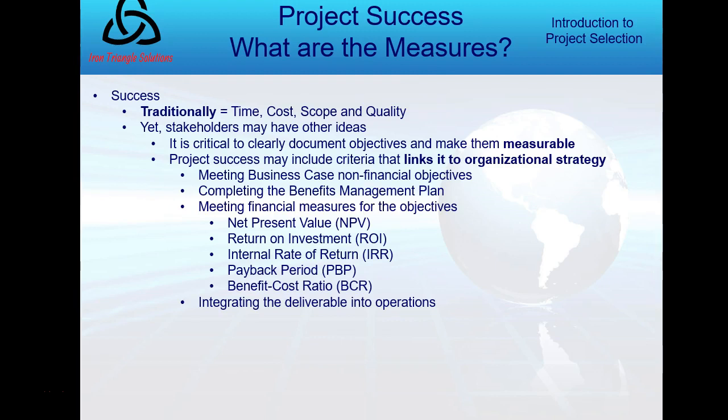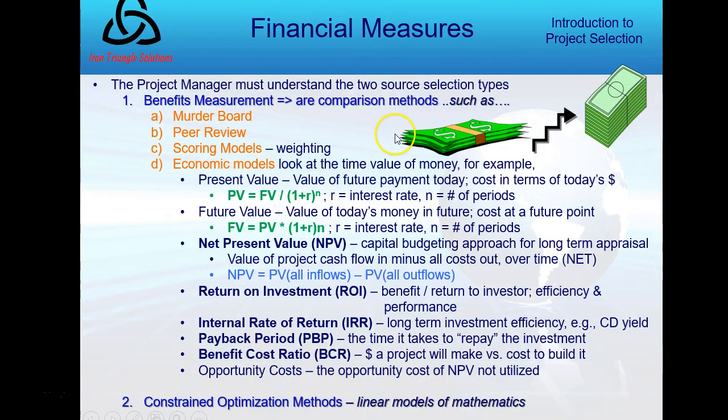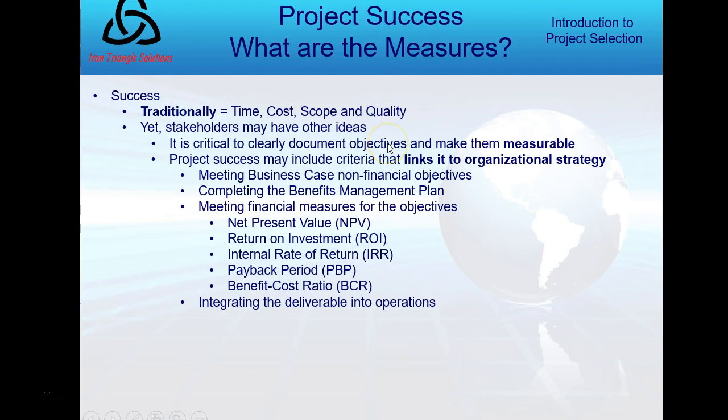Traditionally, it's time, cost, scope, and someone add quality or others. The new PMBOK guide takes us to other measures of success in addition to time, cost, and scope. It would include links to organizational strategy, things that are measurable, return on investment, payback period, etc., which I will cover in the next lesson.